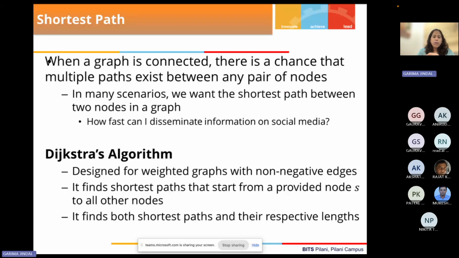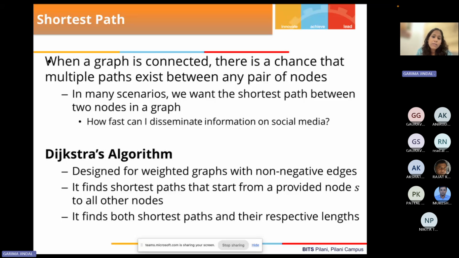Now next we will move on to identifying the shortest path. This is another very important algorithm, and it sometimes uses BFS and DFS, depth first search, to implement it. Now we will see what the Dijkstra algorithm is and how it works.